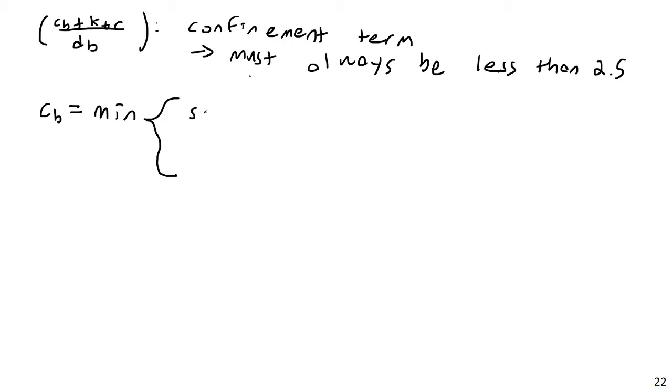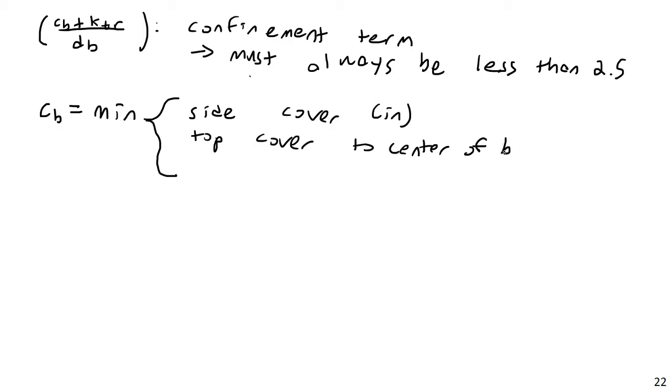It's the minimum of the side cover in inches, the top cover to center of bars in inches, and 1/2 the bar center to center distance, C to C distance.